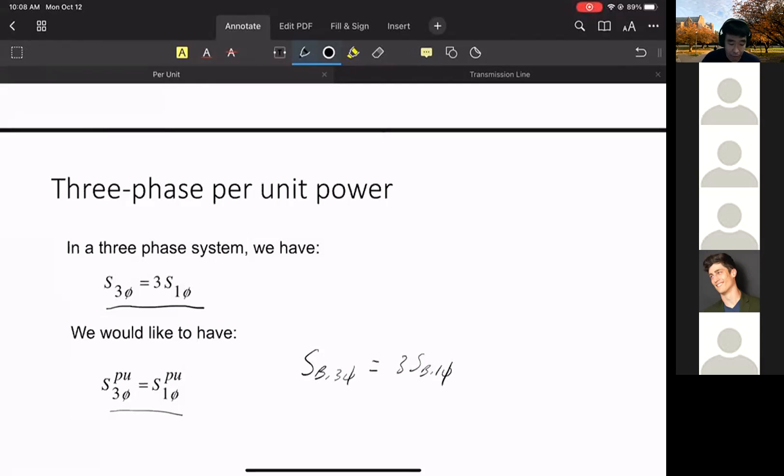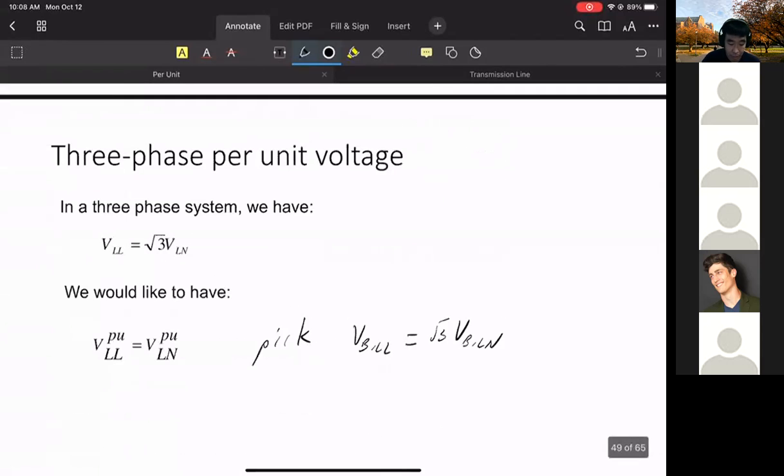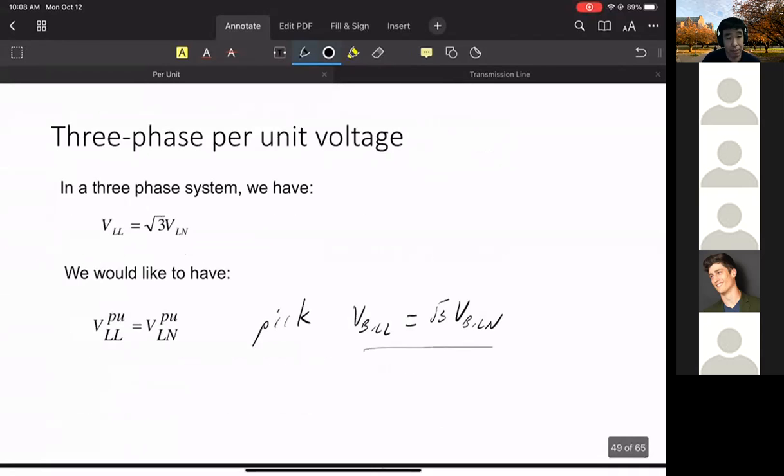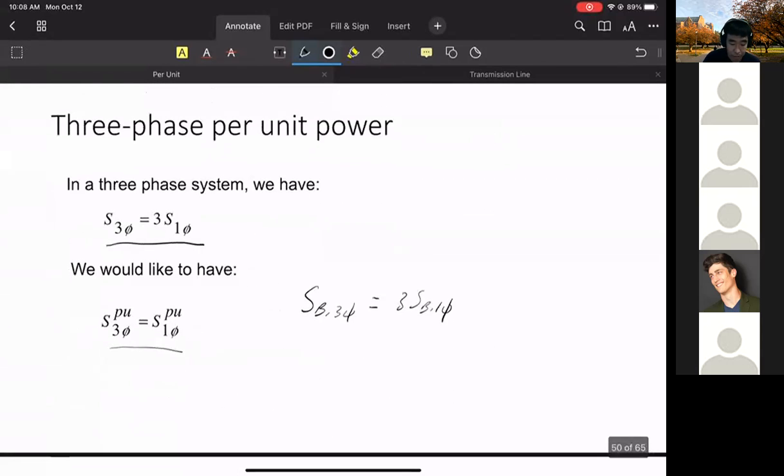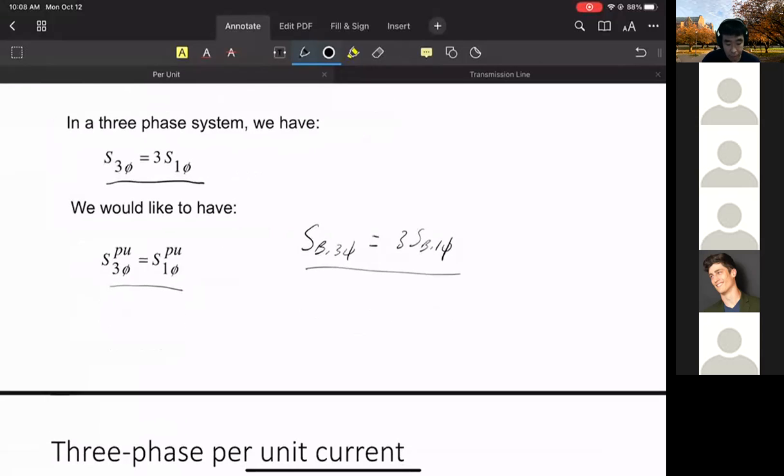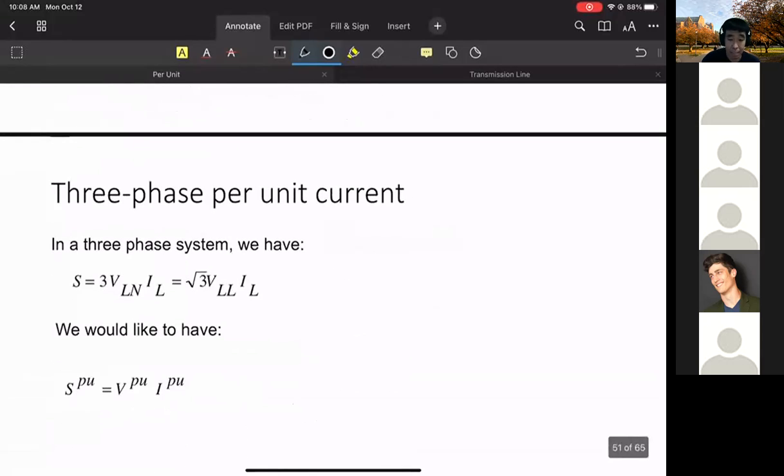So we choose the voltage base units to have this relationship. We choose the power base units to have this relationship. Then let's look at what this implies for current and impedance. What happens to the current? What happens to the impedance?